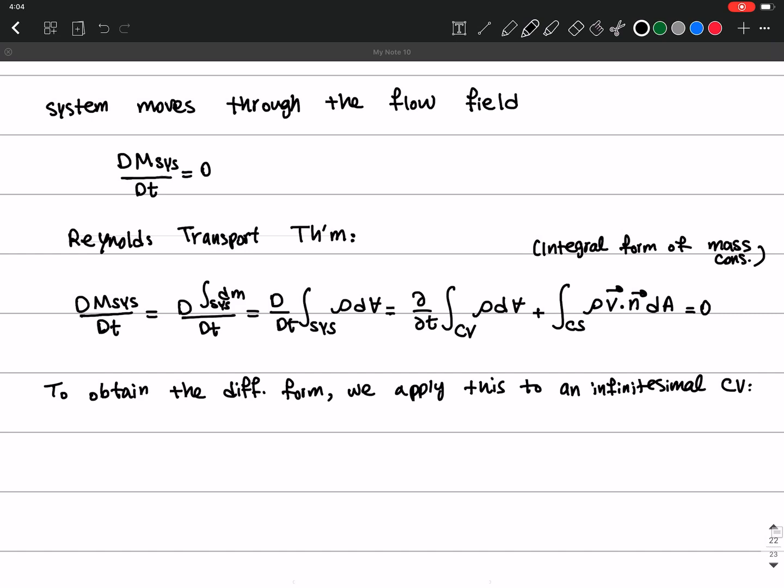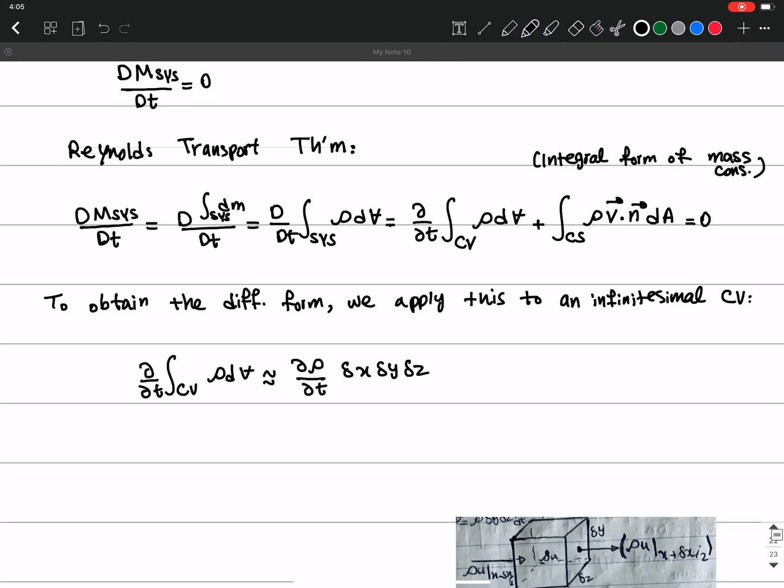So, for example, the partial over partial t of the integral over the whole control volume of rho dV reduces to what? Approximately partial rho over partial t times the small infinitesimal control volume delta x, delta y, delta z, right?